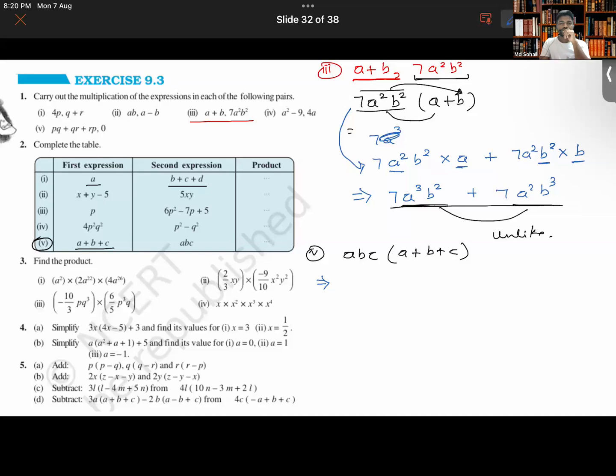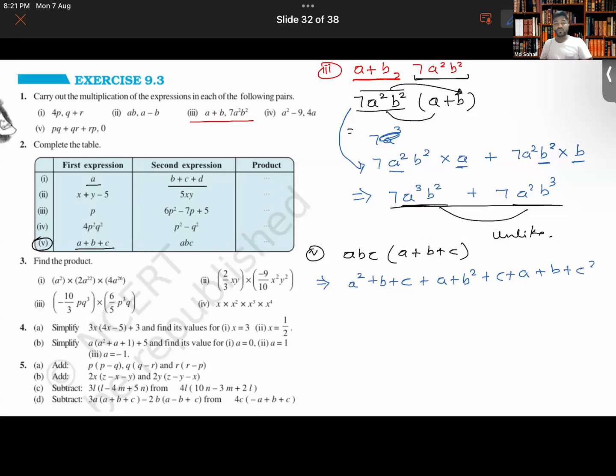Sir, is it a square plus b plus c, plus a square, plus b, plus c plus a, plus b square, plus b plus c square?